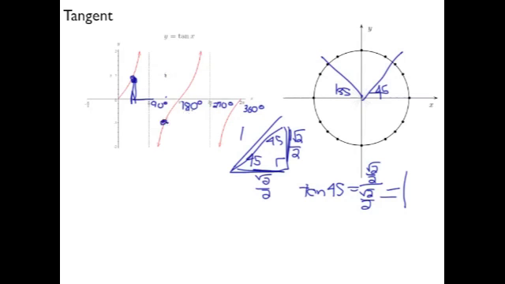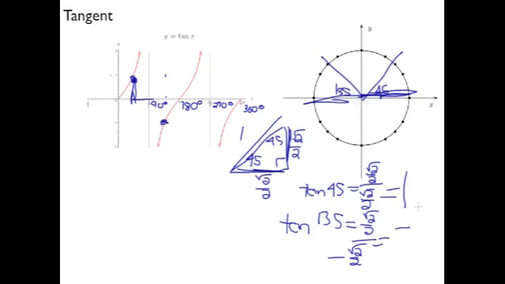Yes, it's negative 1 because, as I said before, this here is positive cosine, but here it's negative. So in this case, tangent of 135 would equal square root 2 over 2 divided by negative square root 2 over 2, which would equal negative 1. Yay, we did this.